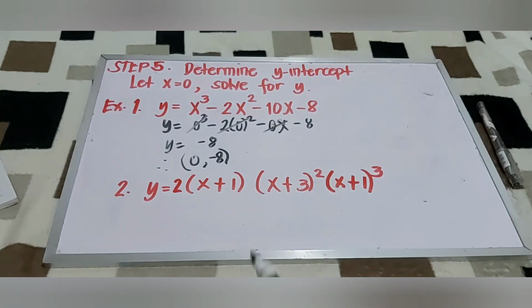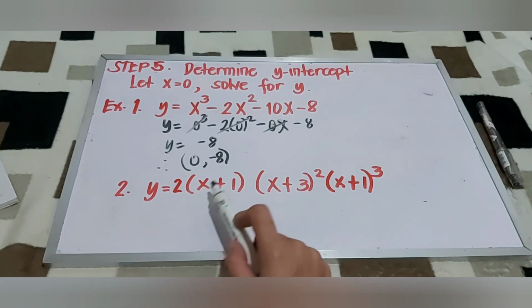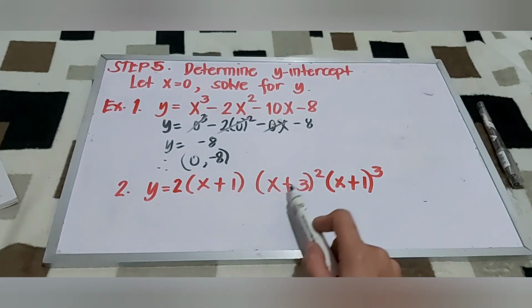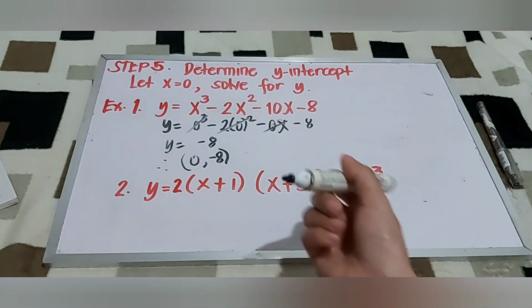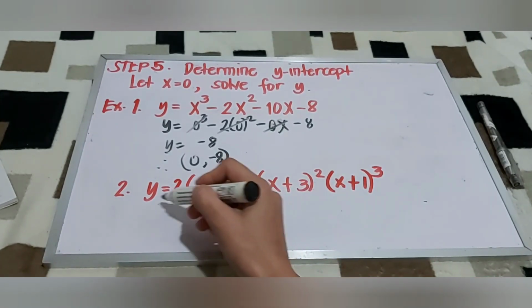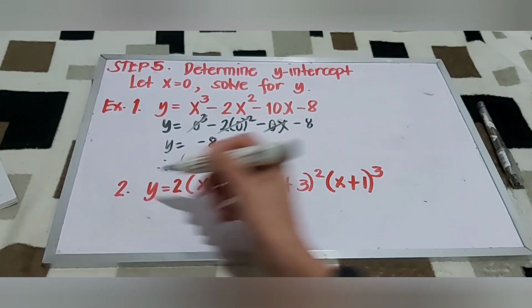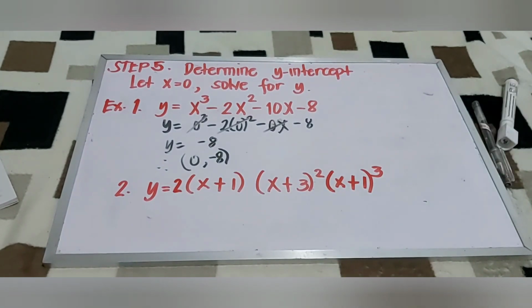So, for example number 2, this one is in factored form: 2 times the quantity x plus 1, times x plus 3 squared, times x plus 1 cubed. Let us compute. Replace all x with 0.